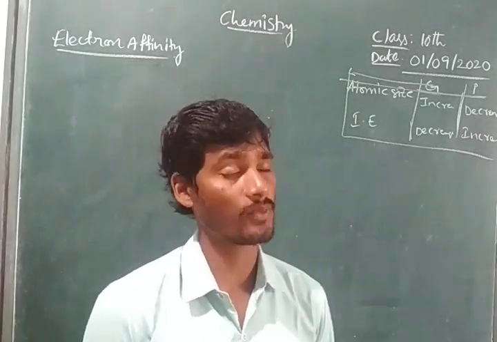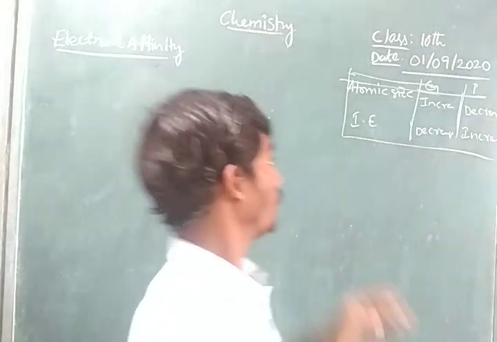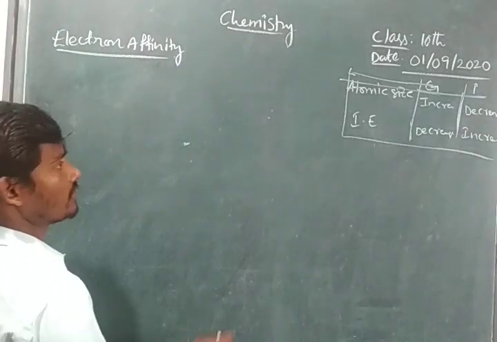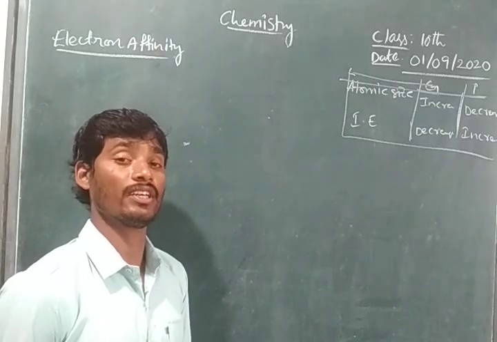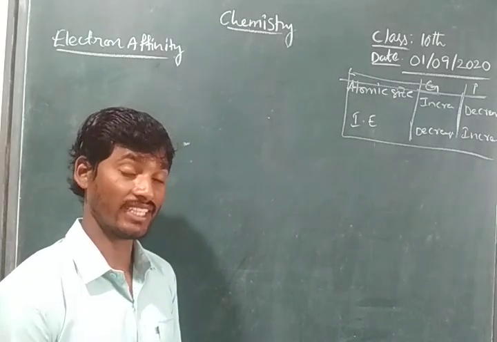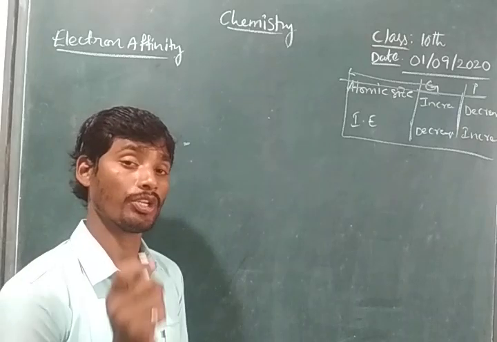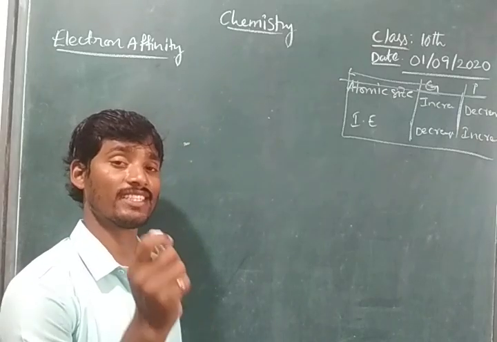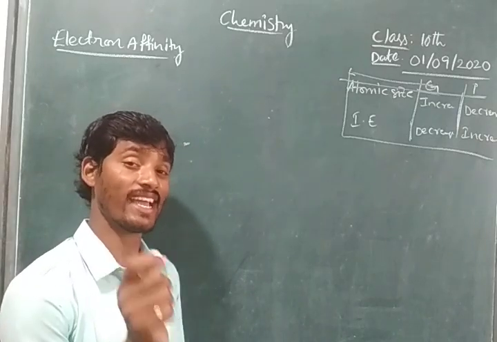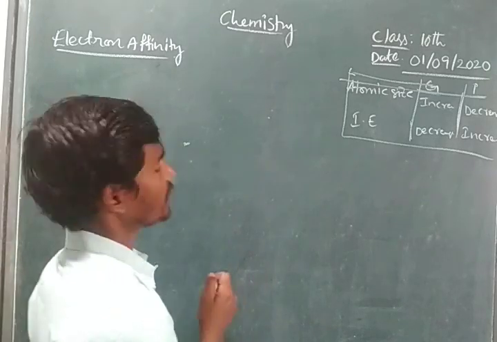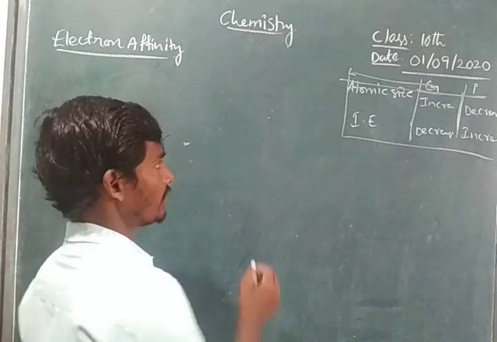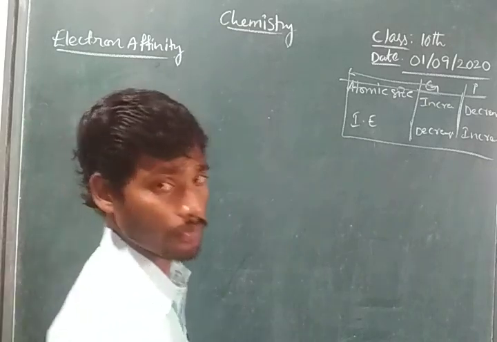Please observe clearly here. In case of ionization energy, we discussed that the minimum amount of energy required to remove the electron from the valence shell of the neutral gaseous atom is called ionization energy. But in case of electron affinity, suppose we consider one of the atoms.